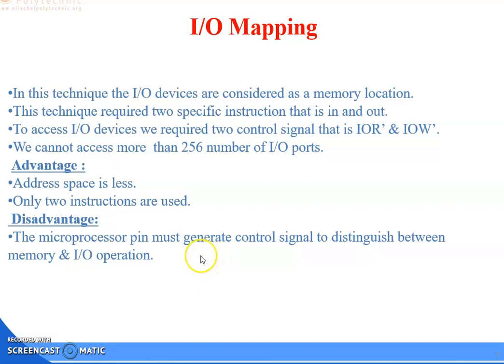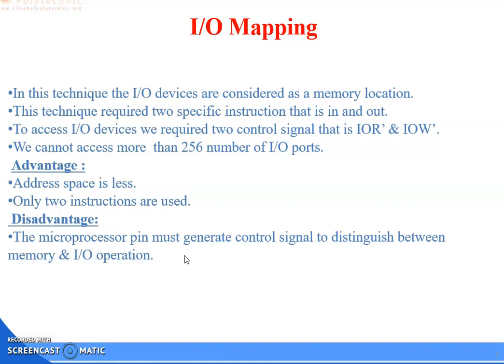Next, IO mapping. In this technique, the IO, that means input output devices, are considered as a memory location. This technique requires two specific instructions, that is IN and OUT. To access IO devices, we require two control signals, that is IOR bar and IOW bar, that is IO read bar and IO write bar.